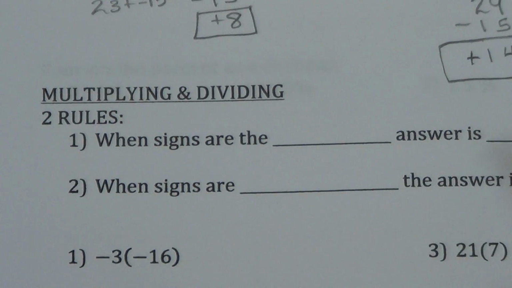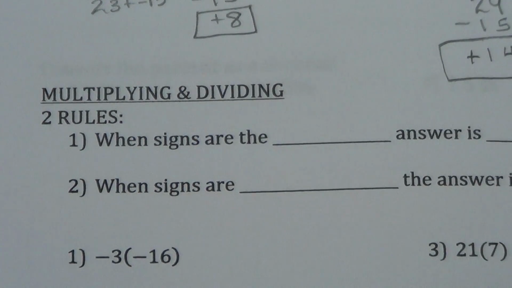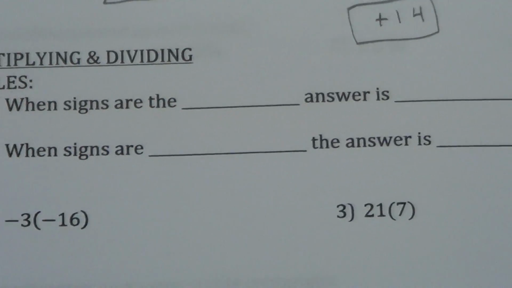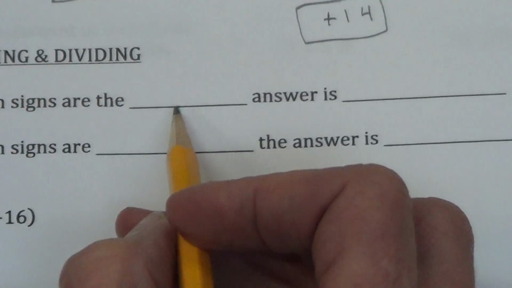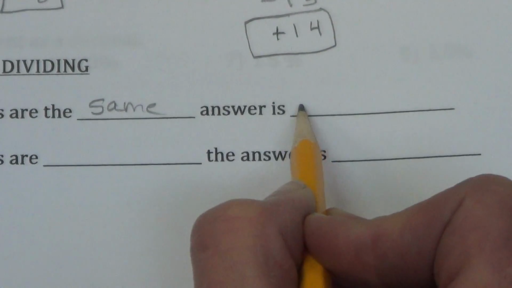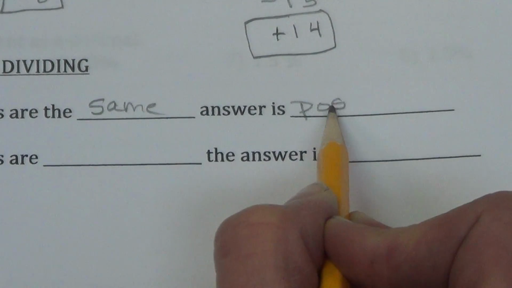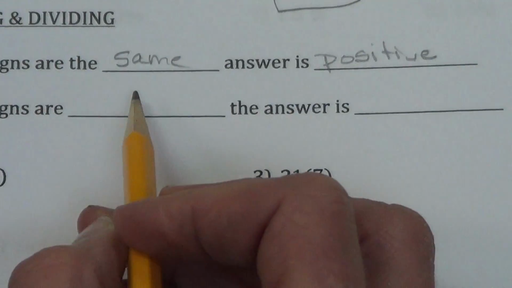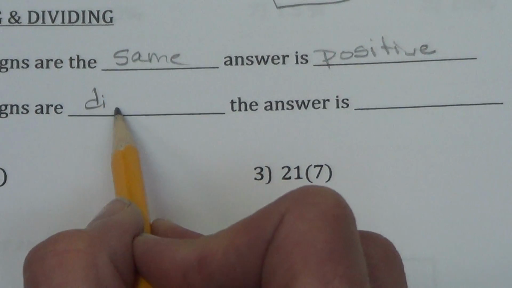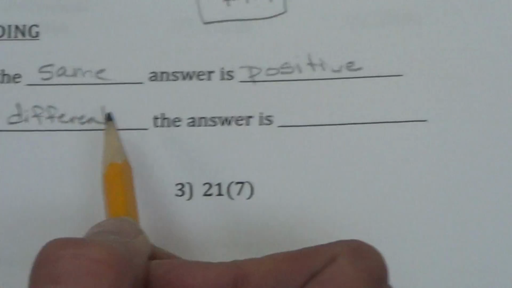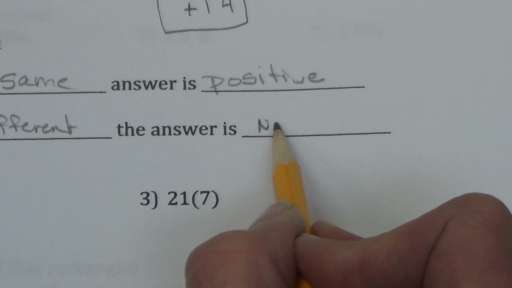In multiplying and dividing, these are the rules you always remember really well. When you have signs that are the same, the answer is positive. When you have signs that are different, the answer is negative.